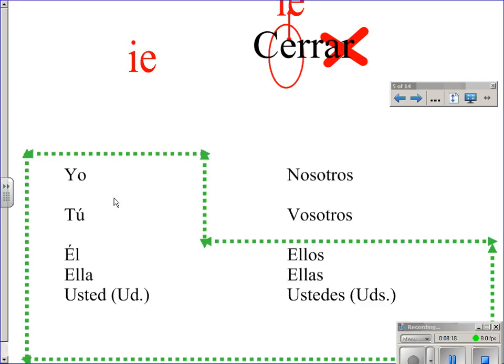Then I've got to remember that my IE is going to be used on every verb in the boot shape of the verb chart. So basically, all of the forms are going to use an IE except nosotros and vosotros.